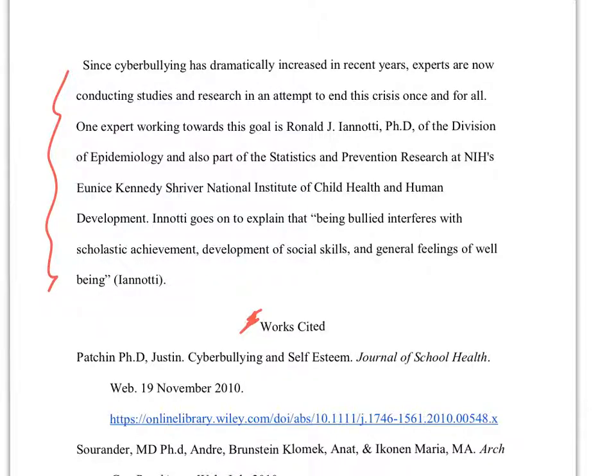So if I read through this, we talk about this person, Ronald Iannotti, and it's clear what the person's credentials are, that he would work as an appeal to authority. We get a quote from him here, and we even get an in-text or parenthetical citation. All of this is fine and good, and in fact, the parenthetical citation is not even necessary because he's mentioned here.